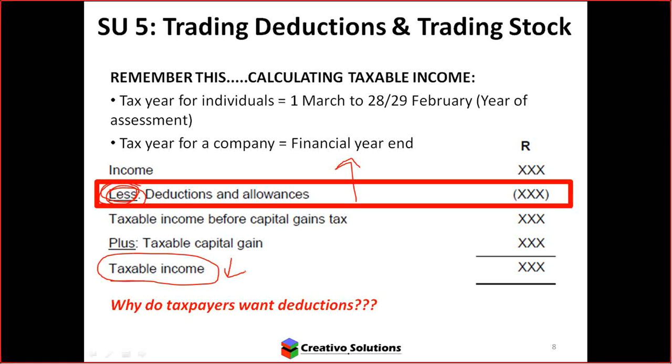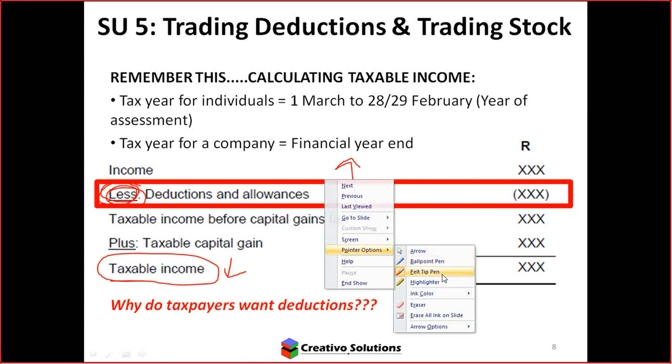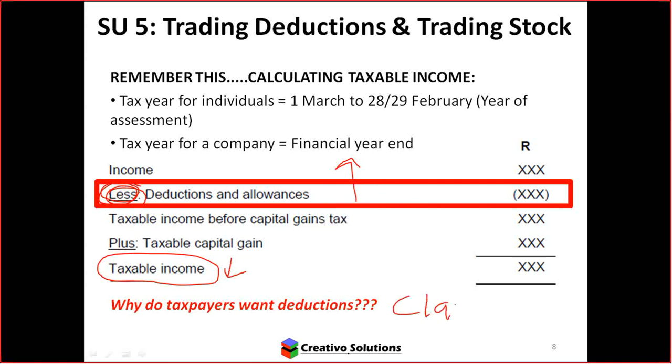So why do taxpayers want the deductions? We just discussed it. Well, as you just said, to be able to keep more of their income, to use it within their business again, or to hold more liquid assets, or hold more money, so to say.